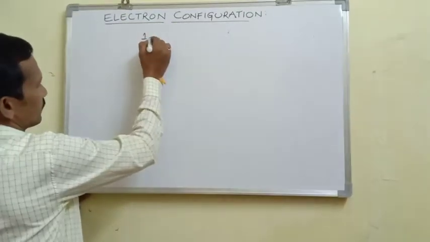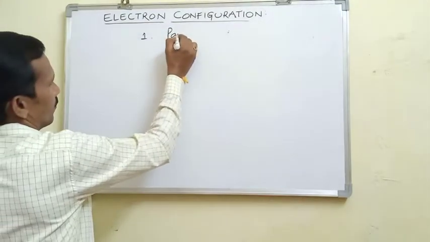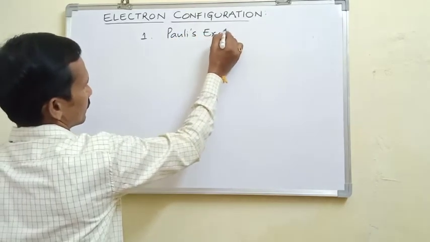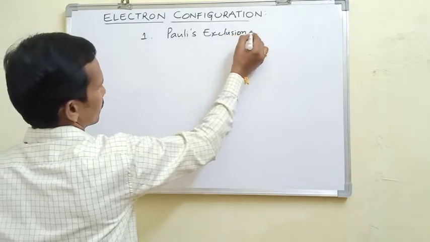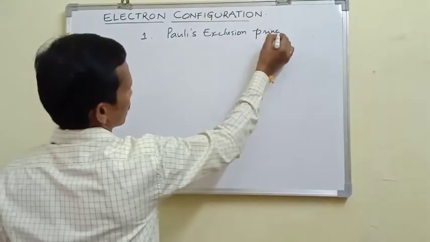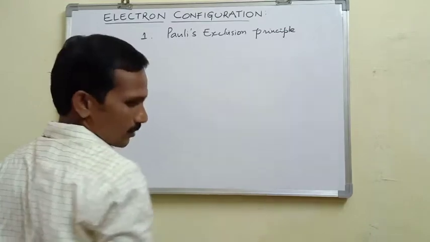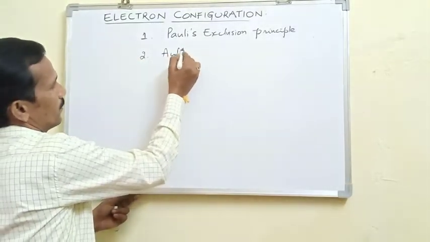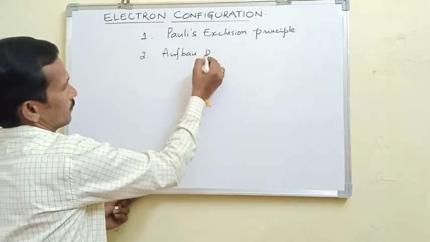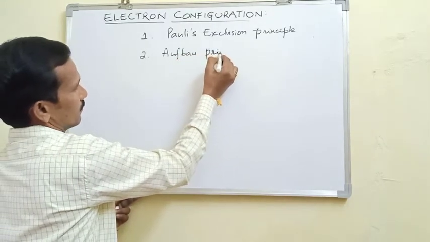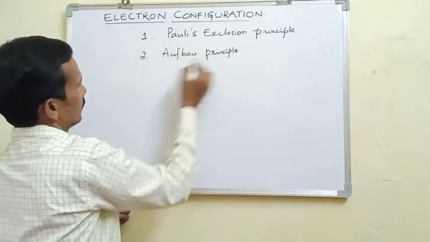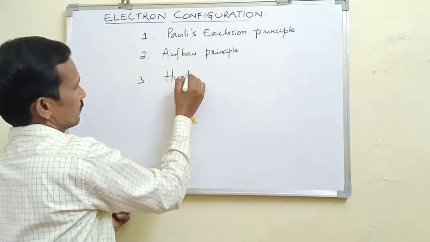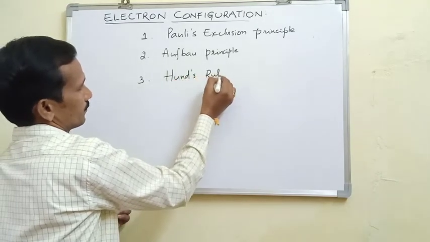One is Pauli's exclusion principle, second is Aufbau principle, and third is Hund's rule.